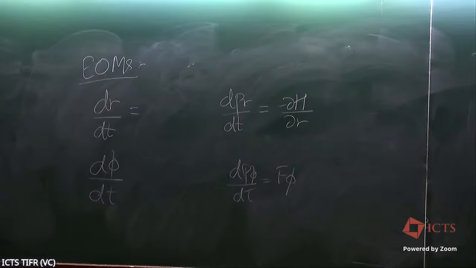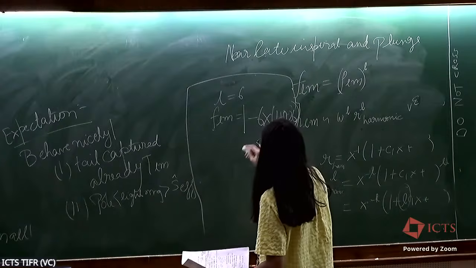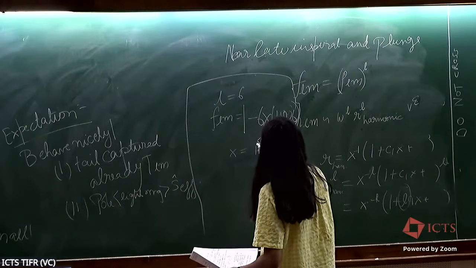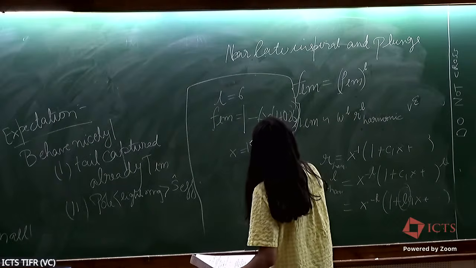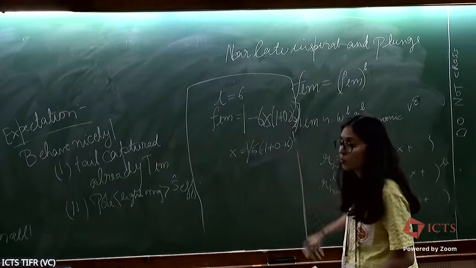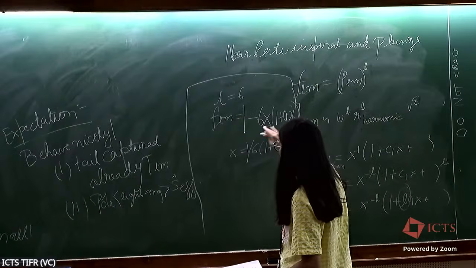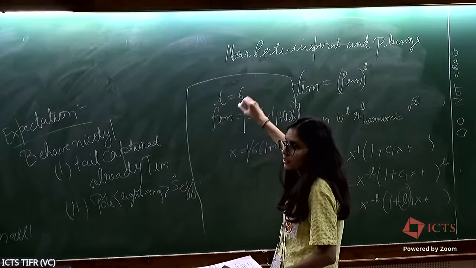This is not visible. Is it better now? Yes, 1 plus 0.26. And I'm saying that if the value of x equals 1 divided by 6 times (1 plus 0.26), this term is of the same order as the Newtonian or leading order term.